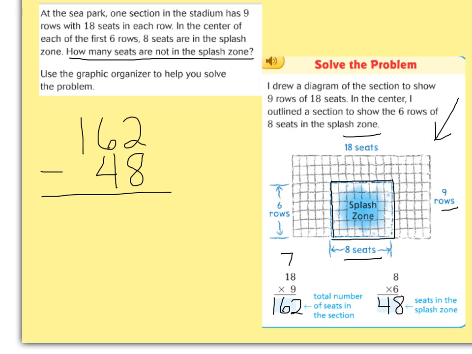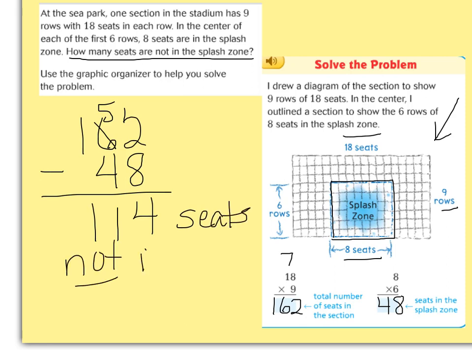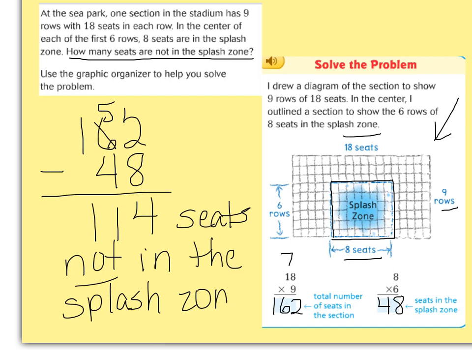I hope you said subtraction. So we'll go ahead and subtract. And you will see that there are 114 seats that are not in the splash zone. There you go.